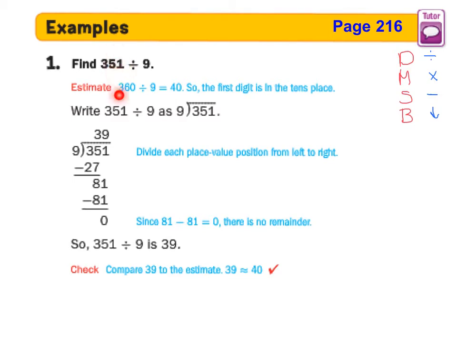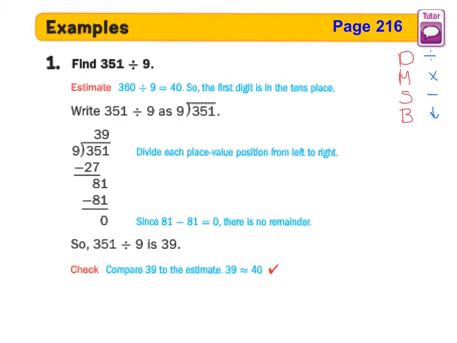They rounded that off to 360 because we can divide 360 by 9 easily and get 40 in our head. So our 40 tells us we have 4 groups of 10, so the first digit will be in the tens place. So then we write our number sentence, 351 divided by 9, into our division house, 9 divided into 351.